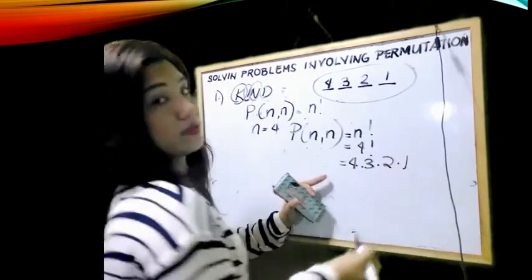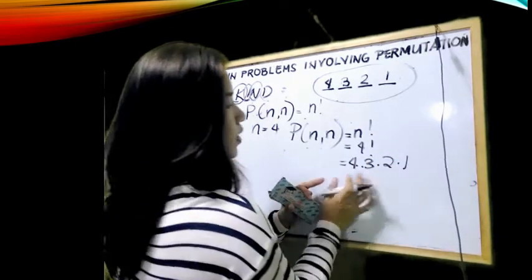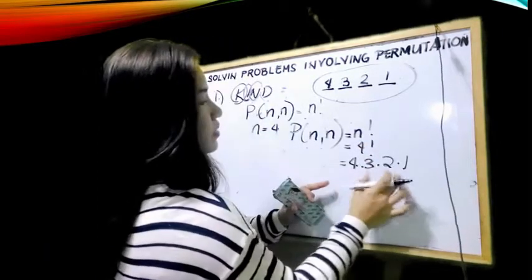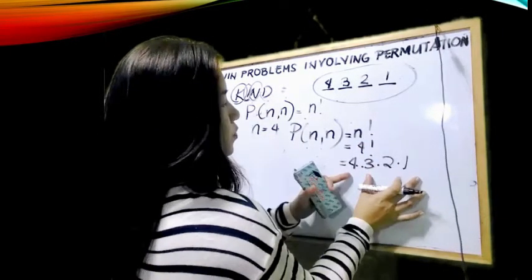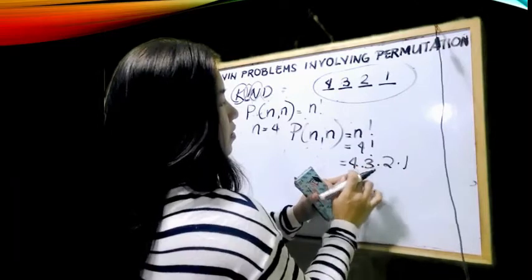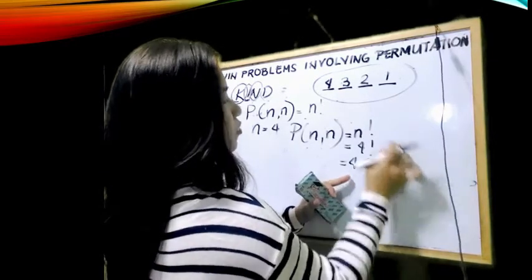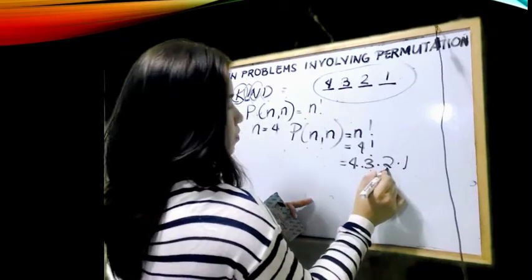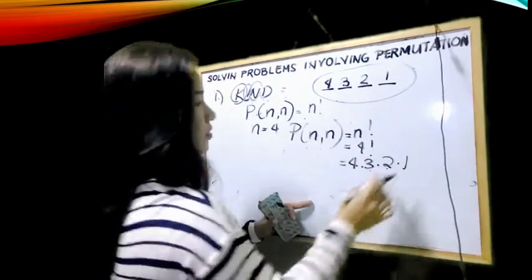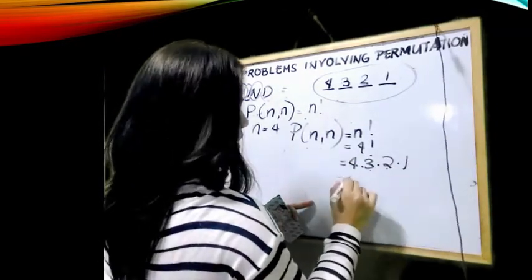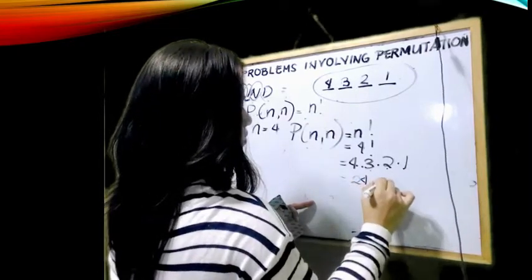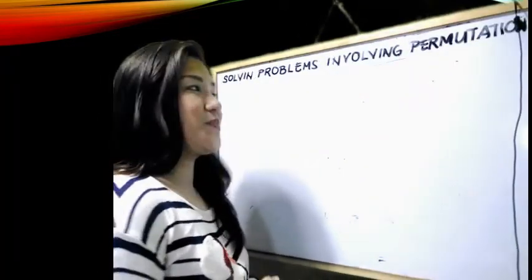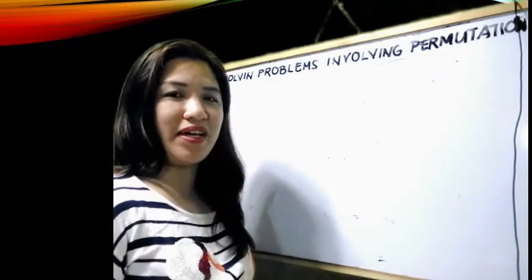To shorten this expression of 4 times 3 times 2 times 1, we use 4 factorial. So 4 times 3 is 12, 12 times 2 is 24, times 1 still 24. So you have 24 ways.